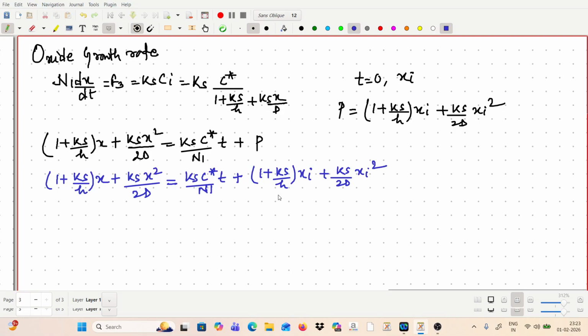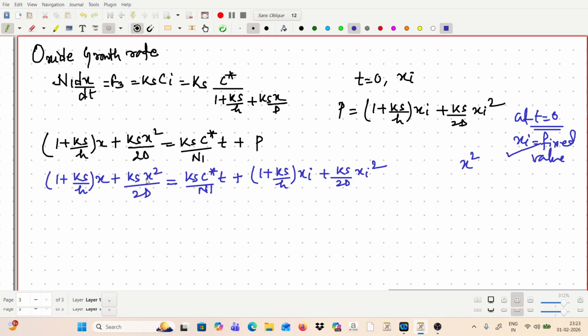Here we take the variable x square, and xi is some fixed value we have assumed: at t equals 0, the oxide thickness is say xi.